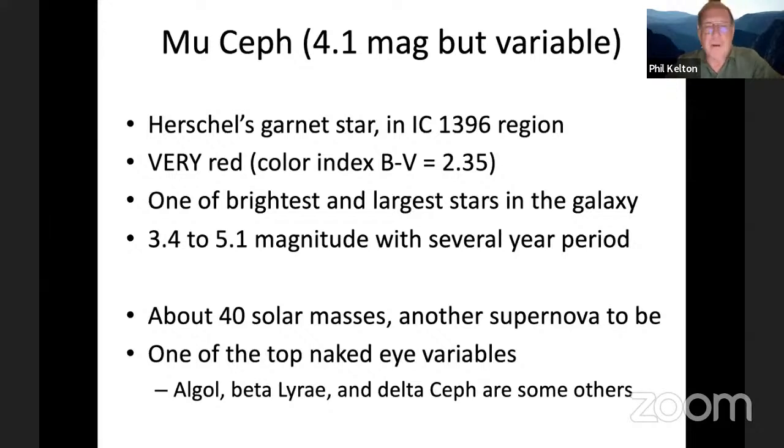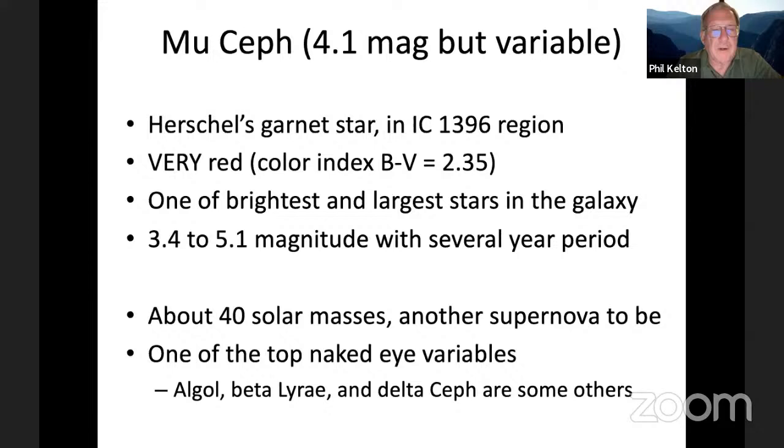You may or may not be able to determine the redness from your naked eye observation, but in a telescope, red stars like this are really pretty neat because they stand out. It's about 40 solar masses, so it'll be a supernova, and it's one of the best naked eye variables that you can observe without a telescope.